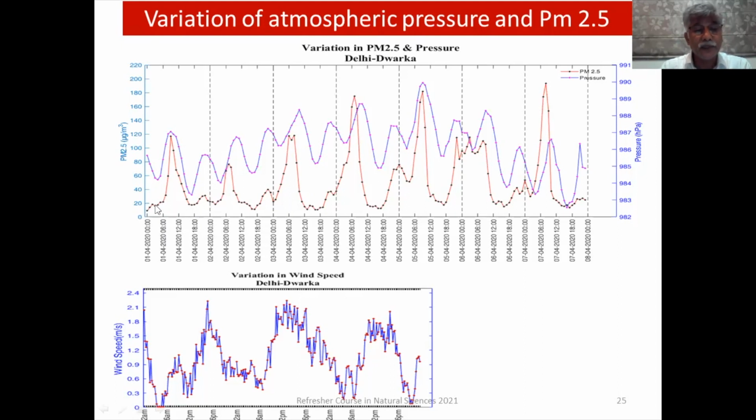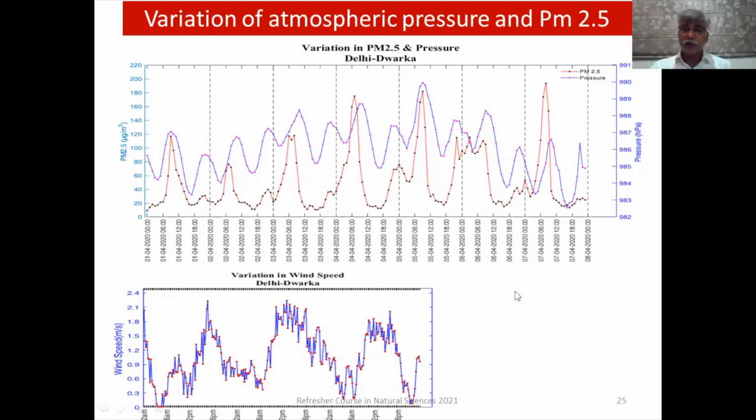Now you can see that PM2.5 increases between 6 and 12, around 8, 9, 10 a.m. It picks up, going up to about 100, 120 micrograms, then comes down again, then goes up the next day and comes down in the afternoon, then goes up the next day. And of course, on 4th and 5th April, it kept going higher and higher, and then came down.